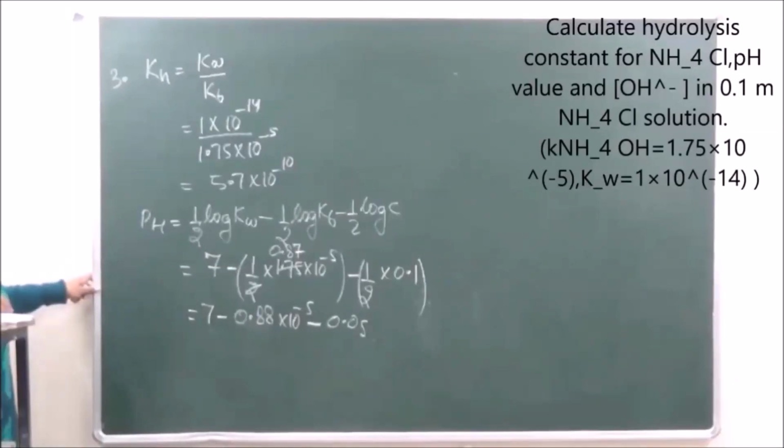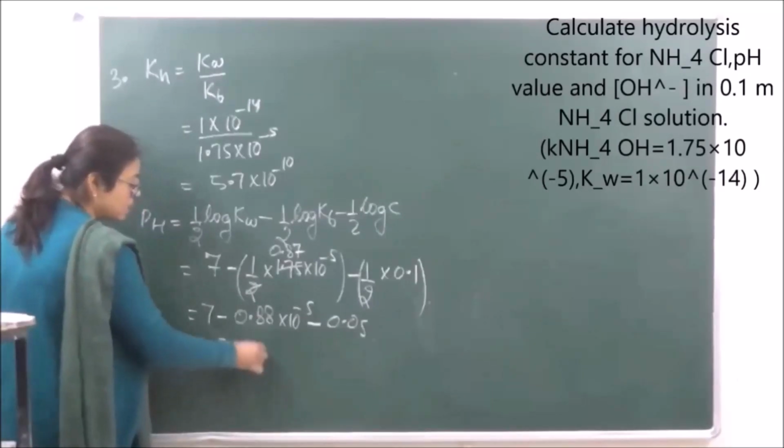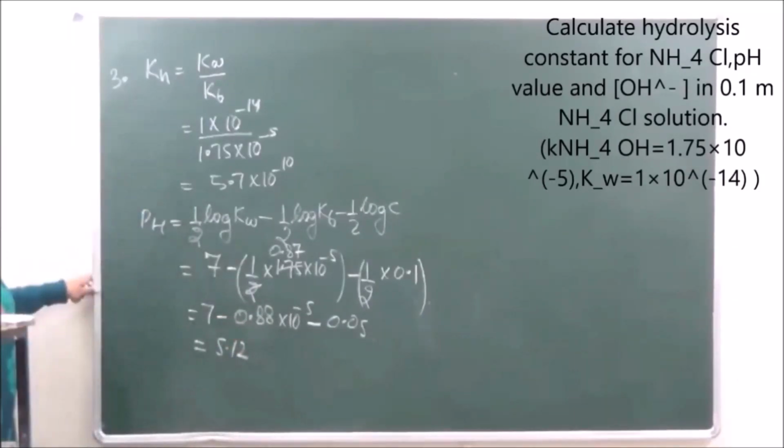Okay, 0.05. So when you calculate the pH over here, that comes to 5.12. The pH that will be calculated as 5.12. Even if you're taking the concentration of H positive, then also you can calculate, or you can also calculate as this. So pH comes to 5.12.